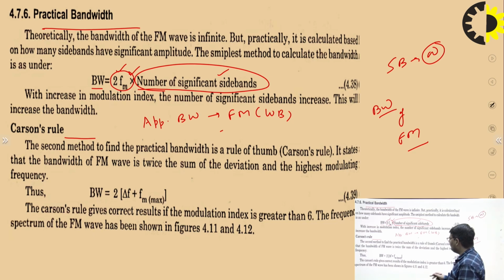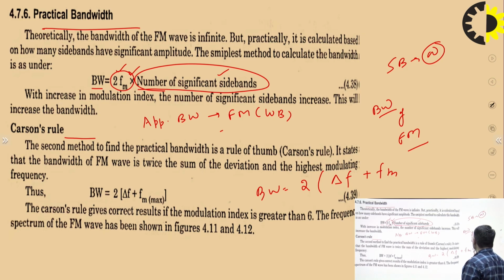The bandwidth in Carson's rule is given by bandwidth equal to twice of delta F, that is the deviation, plus the maximum frequency component, where this F is FM max. So, the approximate value of bandwidth for wideband FM can also be calculated using this Carson's rule.